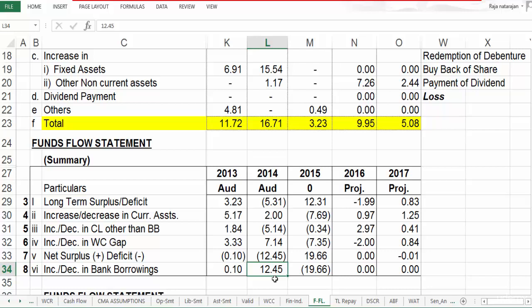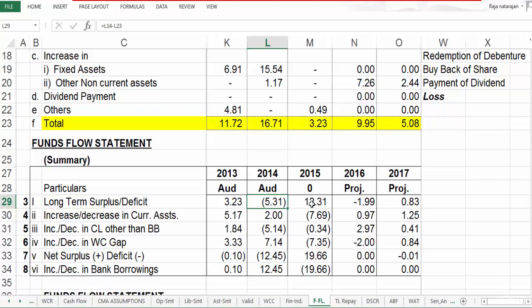They have to show what their debtors and inventory are, and those will not support this level of borrowings because they don't have that much inventory or debtors for 12.45 crore. Because out of 12.45 crore, only 7 crore had gone for funding the working capital. The remaining 5.31 crore had gone for long-term purposes. So this company will eventually get into trouble.